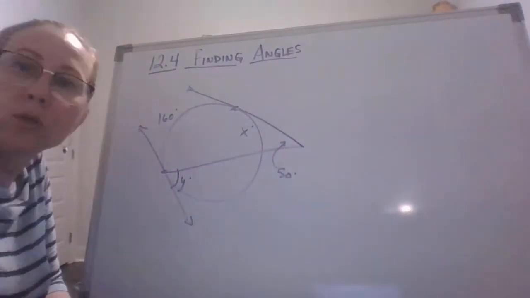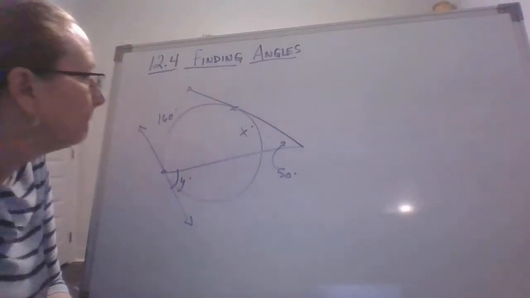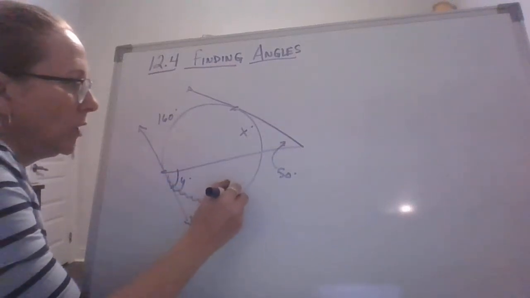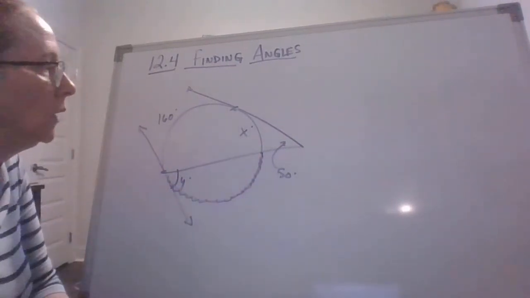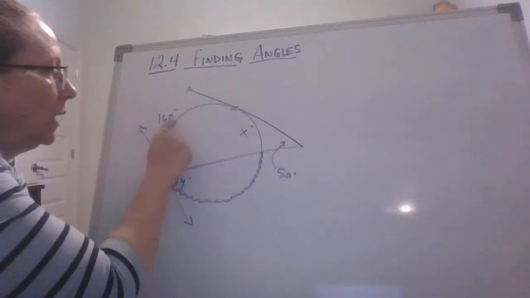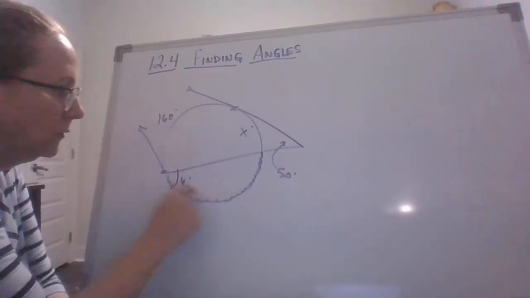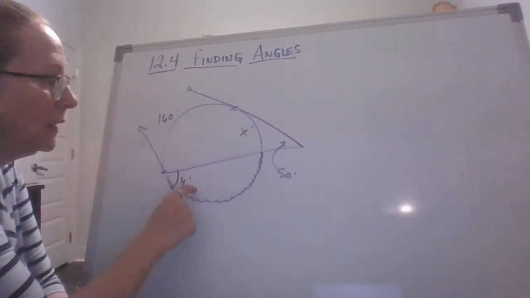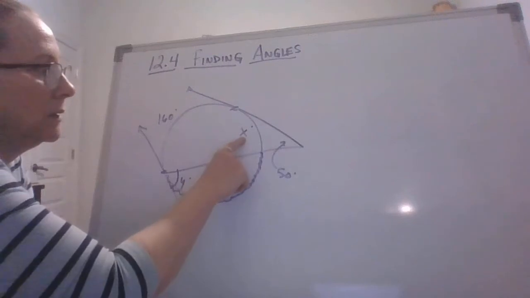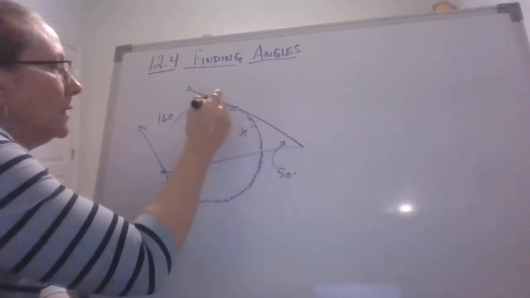Okay, so stepping back first to our lesson from 12.3. If we're going to find angle Y, it's really helpful if we have its arc. Well, if we know that the circle is 360 degrees and we know 160, if we can find x, then we can subtract those two and get the arc for y. So let's go ahead and find x first. Now, x is this arc and this arc.